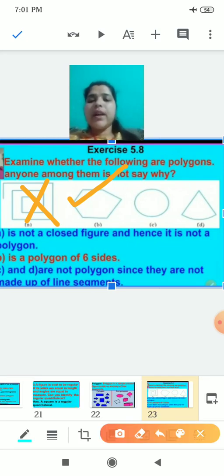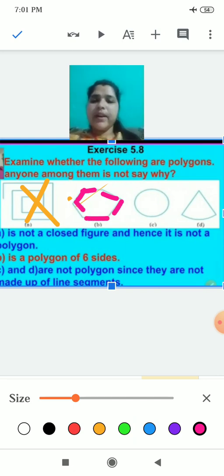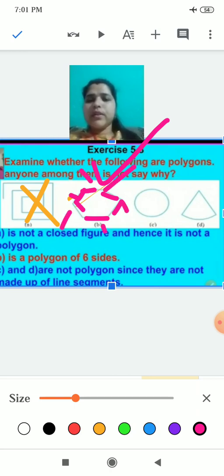You can count the sides: 1, 2, 3, 4, 5, 6. These are called the sides. This other one is not a polygon because it is not made up of line segments, and the same way for this one also.